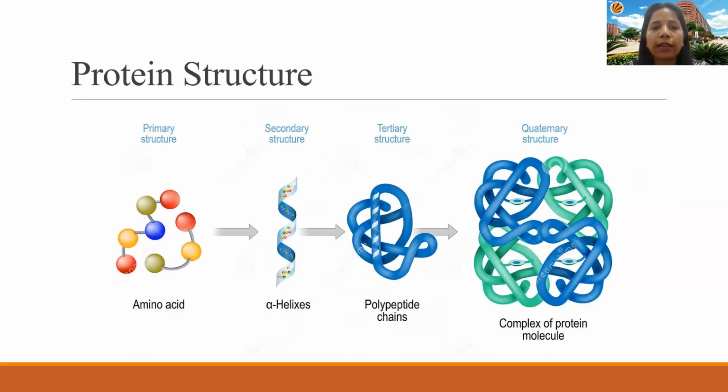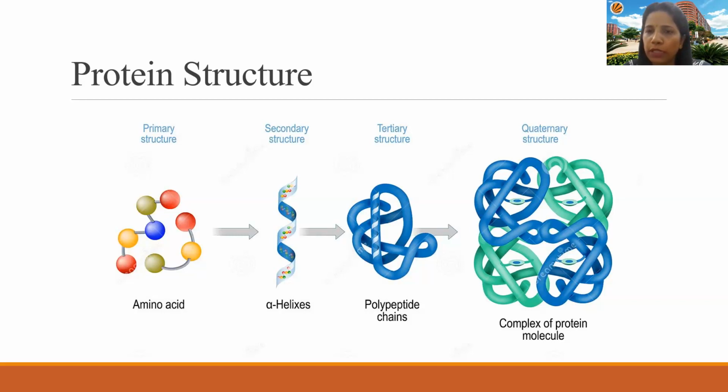How these nucleotides are combined makes different DNA sequences, and ultimately the protein will be different. Similarly, for amino acids, the arrangement of different amino acids in the sequence leads to different proteins.